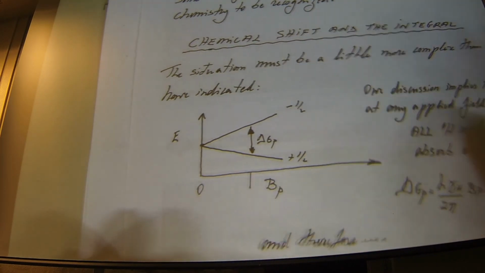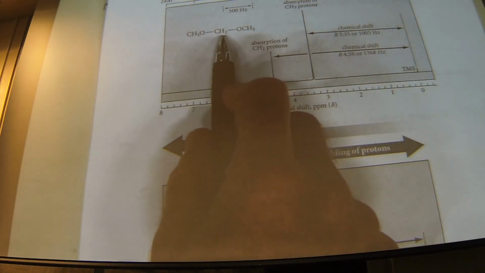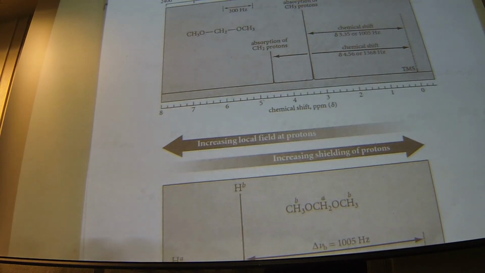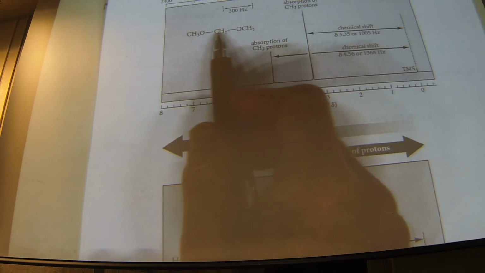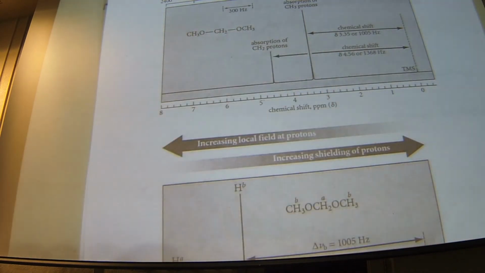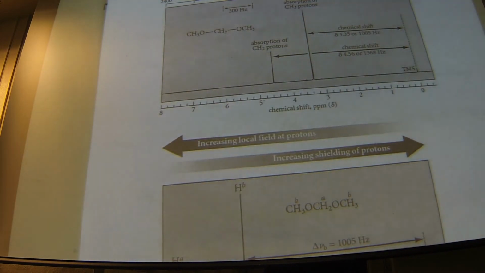So what that means is that the field experienced by these CH2s is greater than the field experienced by these methyls. Now, why should that be? Well, because these CH2s are de-shielded by the electronegative oxygen atoms. So electronegative oxygen atoms pull away electron density from that CH2. No electrons, no shielding. That's it. Simple.